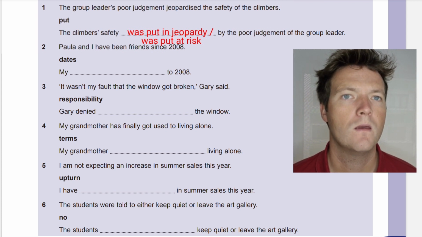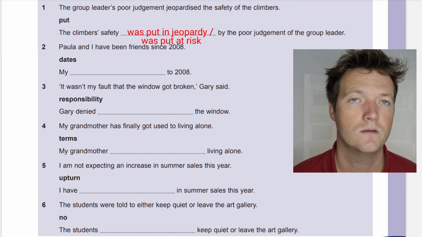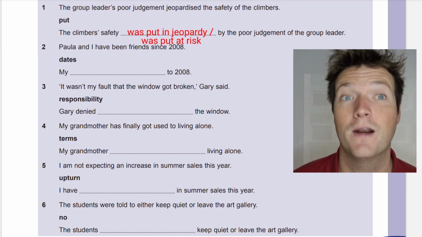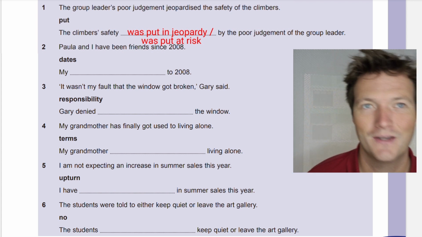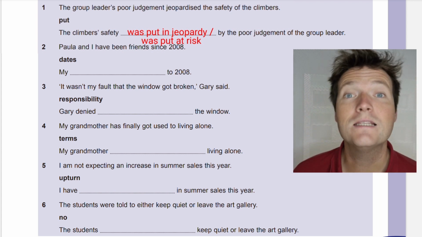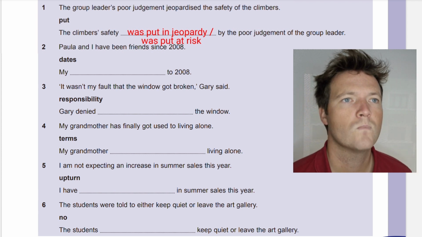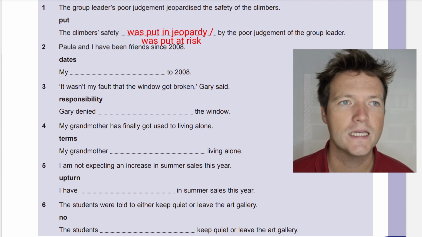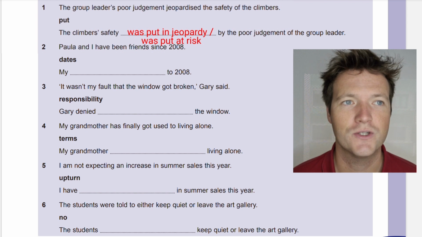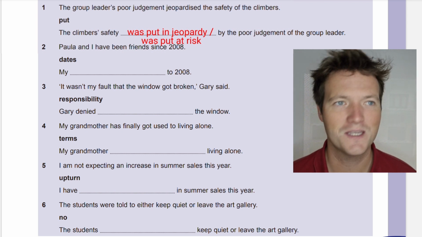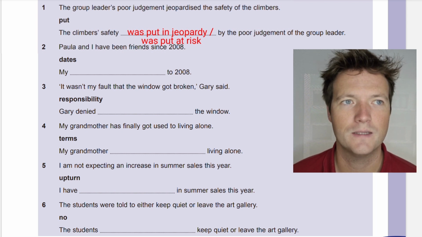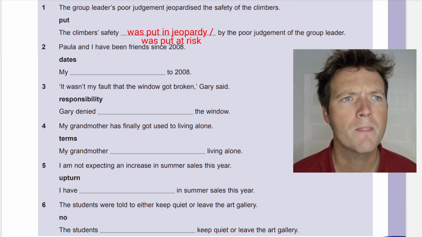So what information is missing there? The fact that I have been friends with Paula since 2008, right? So dates here is actually a verb, and it's an interesting expression where, you know, we often get these expressions wrong because we have similar ones in our own language, right?